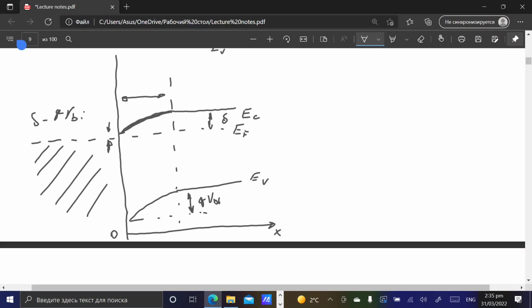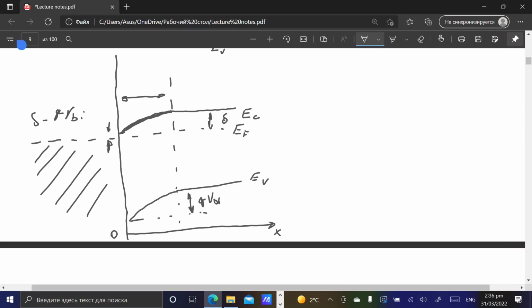If we apply some external bias, we have kind of two resistors. One is very big, another is very small. Obviously, the voltage drop will happen almost completely over the large resistor, because the contribution of the very small resistor will be negligible. So that's why when we apply external bias, we can manipulate the thickness of the depletion region.